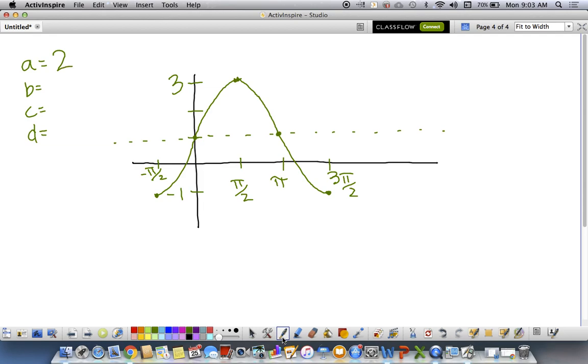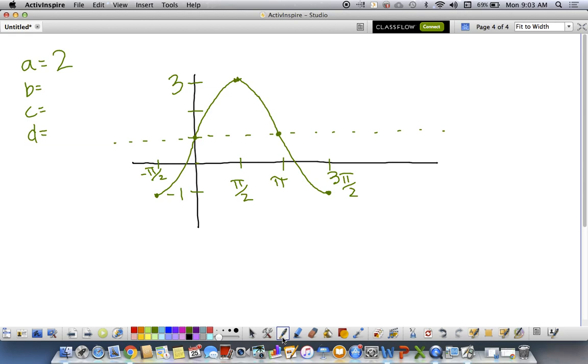Okay. Now, different ways. Sometimes you can just see it, or you can use your amplitude and say, from the bottom, what's my shift? Or from the 0 line, how much did I go up? What should be my C? What did we start from our 0 line? How many do we go up to get to our center line?